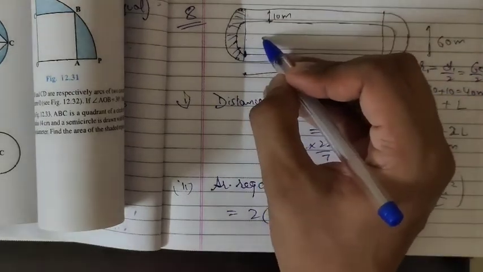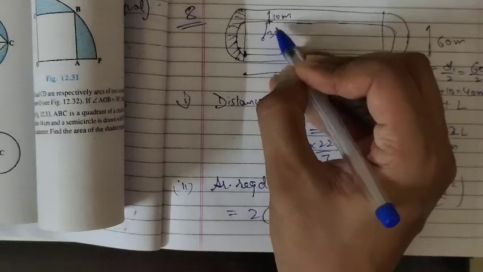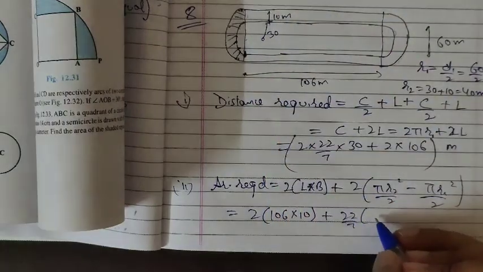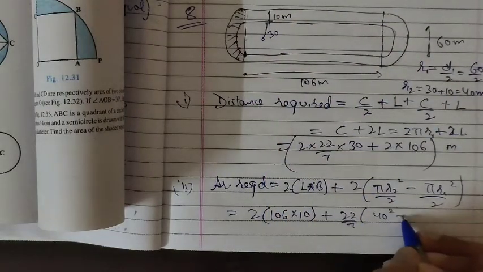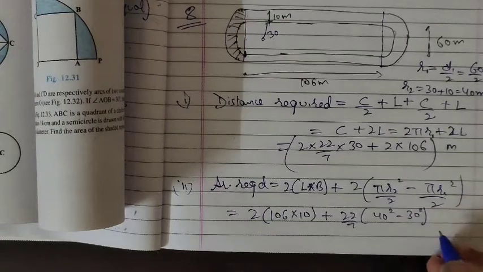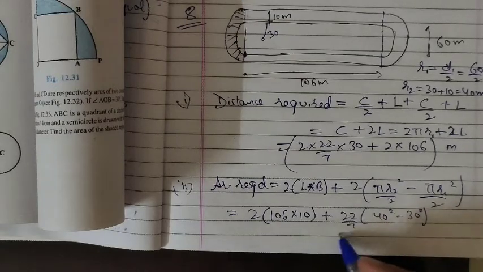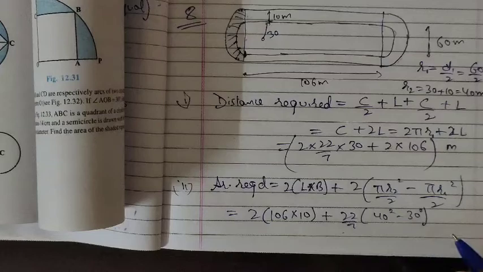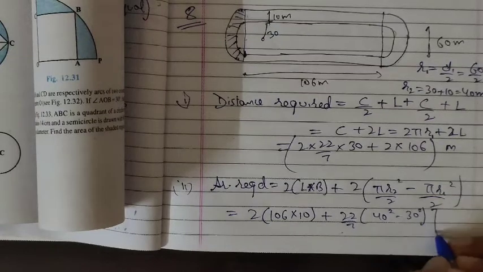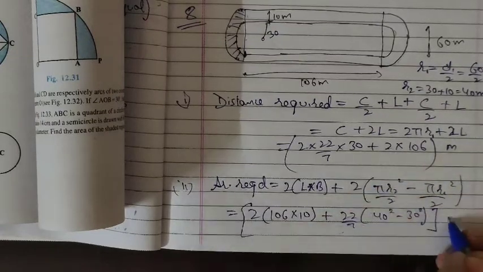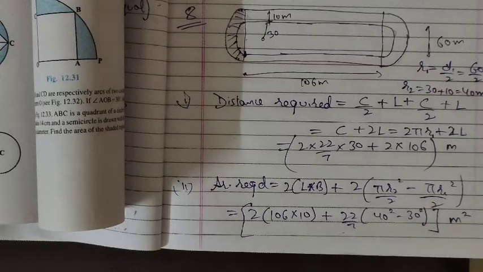Because this is 30 and that is 10, so 30 plus 10, 40. 40 square minus 30 square. On simplifying this value, you will get the answer. So it is a very easy question. The answer unit will be meter square.